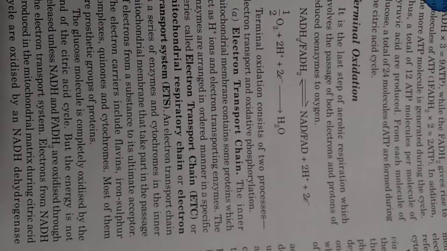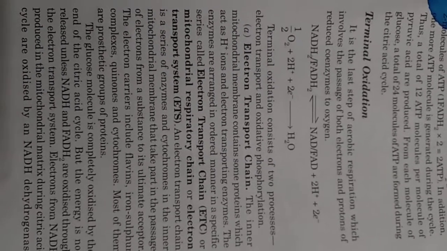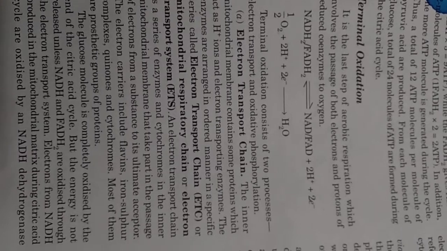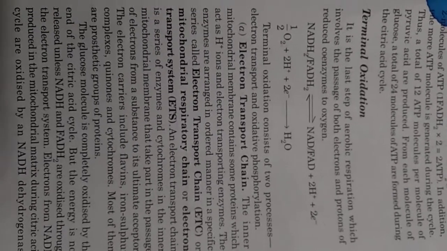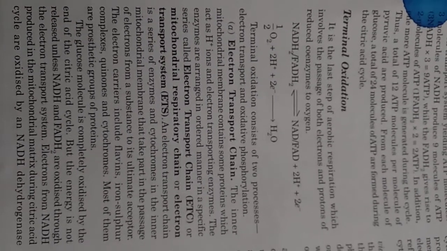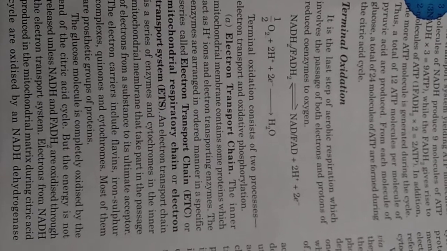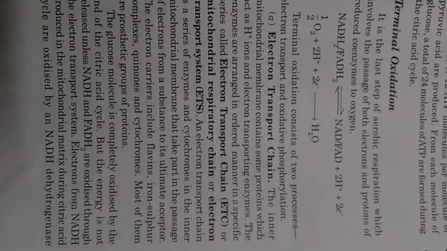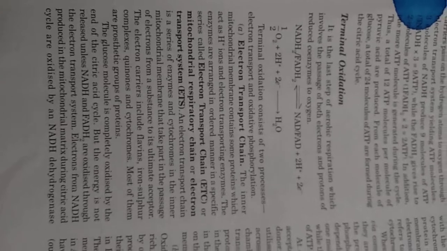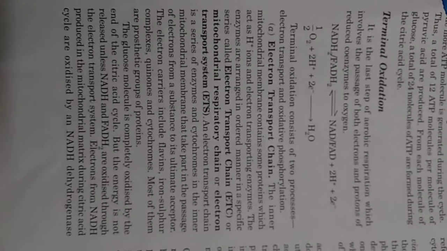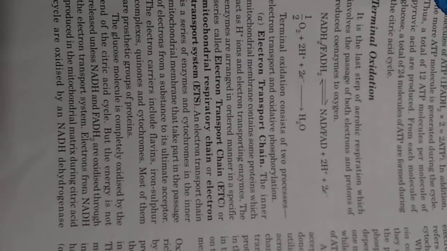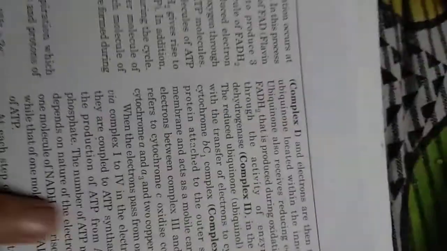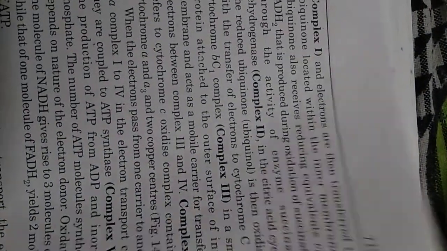Now, there are 5 complexes. What are those complexes? Complex 1 is NADH dehydrogenase. It is complex 1 that oxidizes NADH2 in the mitochondrial matrix, and then the electrons from NADH2 are transferred to ubiquinone.